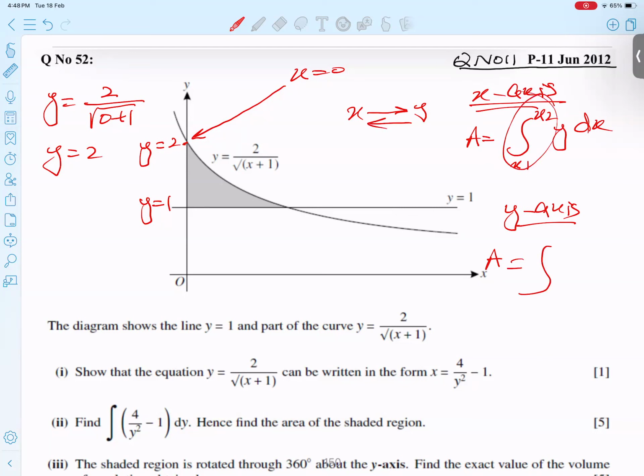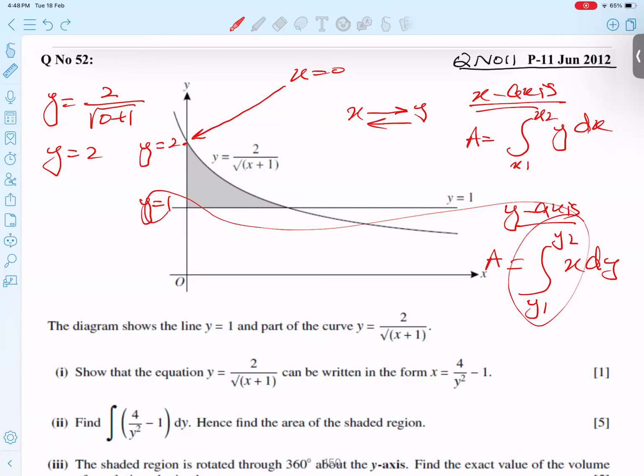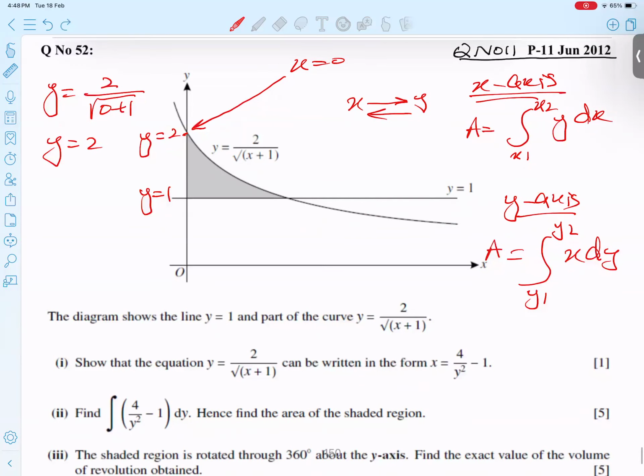So this x1, x2 will turn to be y1, y2, and this y dx will turn to be x dy. I hope you understood very well. Now the x value will come from here, the lower limit and upper limit are 1 and 2, and game over. So let's start.